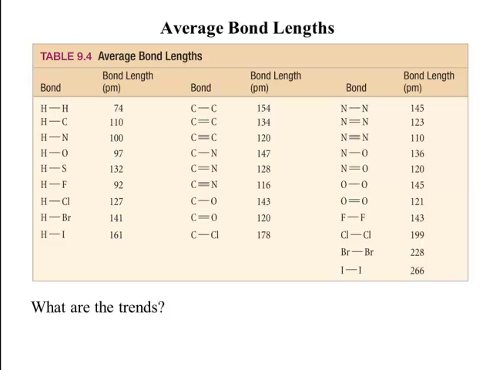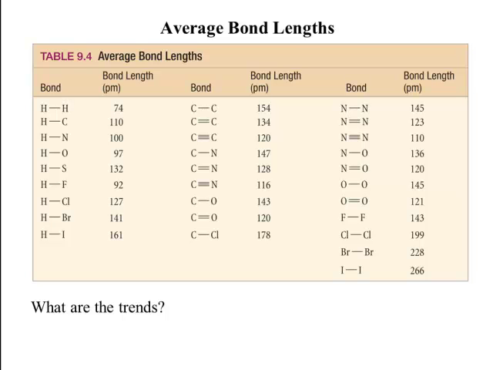Well, the trend is the bond length is getting larger. Why? Well, hydrogen's not changing in size, but fluorine to iodine, as we go down a group, that atomic size increases. So fluorine is the smallest, iodine is the largest, so just based upon the atom size indicates we have longer bond length. And that should make sense. The larger the atom, the longer the bond length.